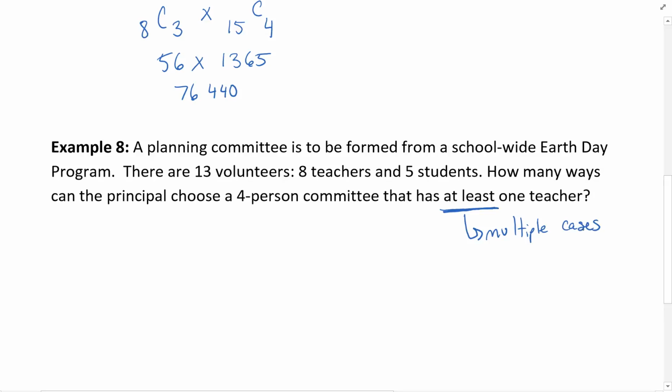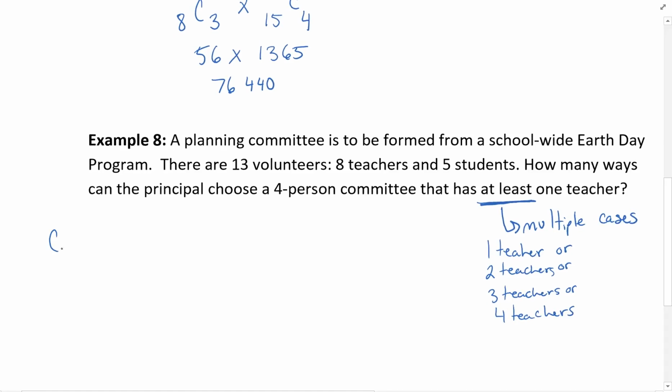Well, if it's a 4-person committee, that means we can have 1 teacher on the committee, or 2 teachers, or 3 teachers, or 4 teachers on the committee. Right? There's those different cases that we're going to have to look at.